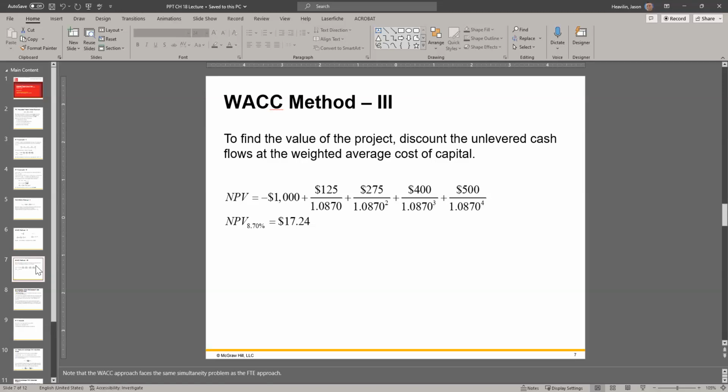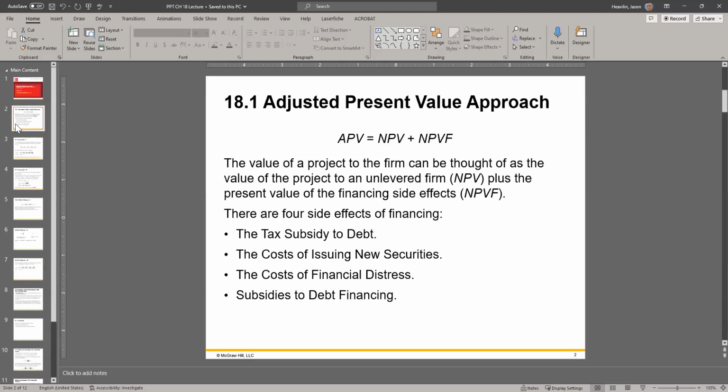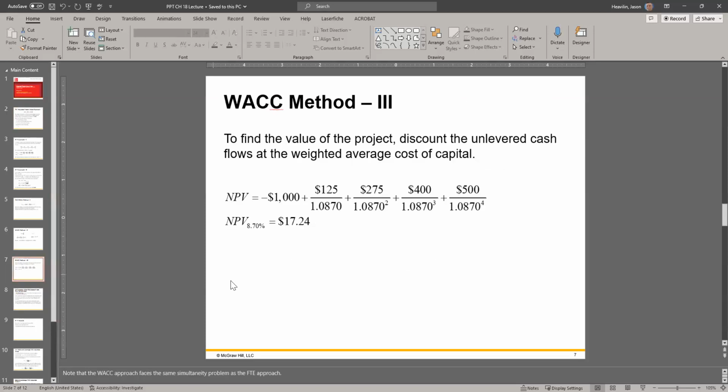Some people do both, or there are other methods as well, and sometimes they do many of them and just get an average. In this example, since we're only doing the adjusted present value approach and the weighted average cost of capital, it wouldn't be abnormal to just get the average of those two numbers and call that NPV. But it doesn't have to be that way.